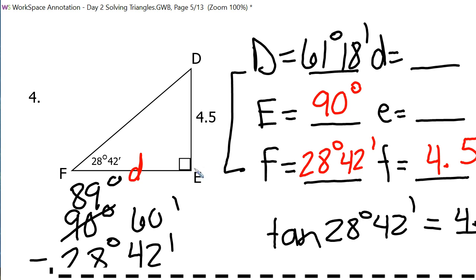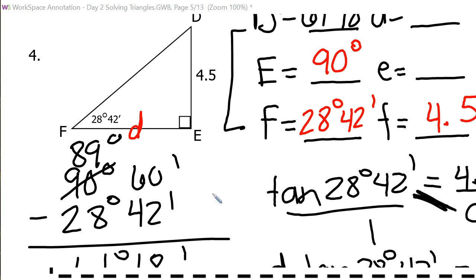And if I change this to a proportion and multiply this diagonal, this would be D times the tangent of 28 degrees, 42 minutes, is equal to 4.5. And the opposite of multiplying would be divide. So we need to divide both sides by tangent of 28 degrees, 42 minutes.